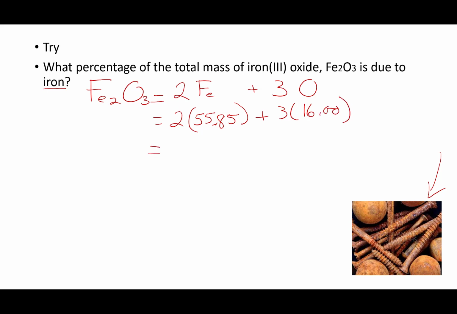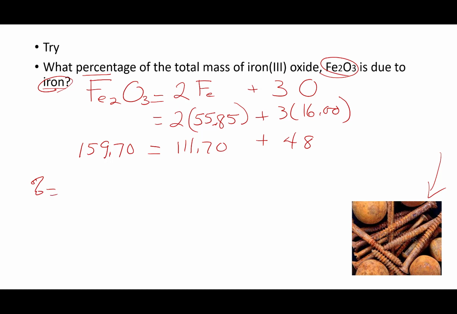So this ends up being 111.70 plus 48. Add those together and I get a total of 159.7 for iron 3 oxide.